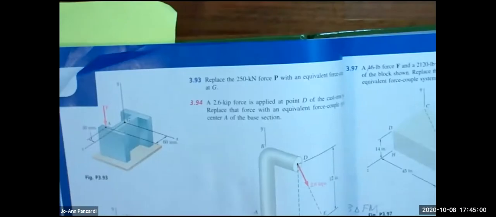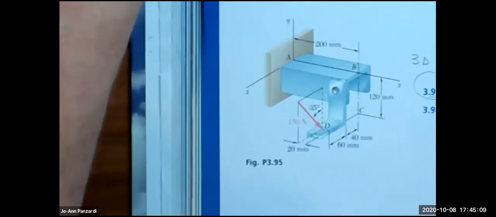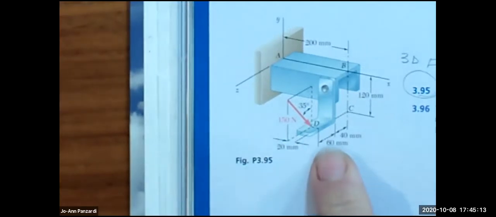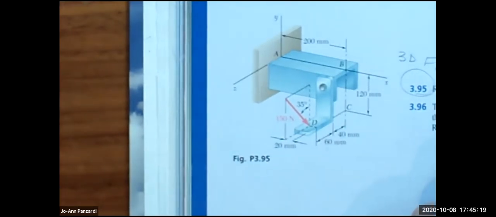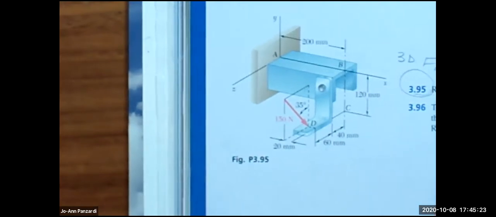So the first problem is 95. Let's just talk about how we would approach the problem. This is the problem. We have one force at point D. The problem says replace the 150 Newton force with an equivalent force moment system at A.